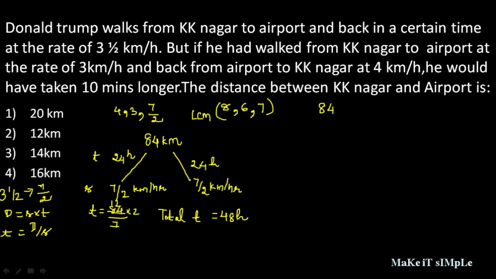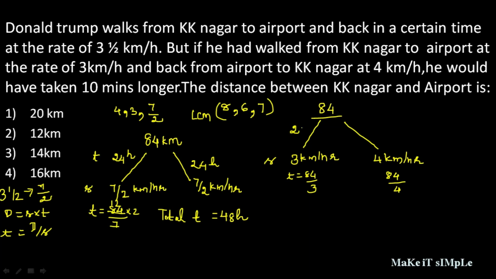Now we will see the second case. The speed is 3 km per hour while going and 4 km per hour while returning. Here time is 84/3 and 84/4. 84/3 is 28 hours, then 84/4 is 21 hours.